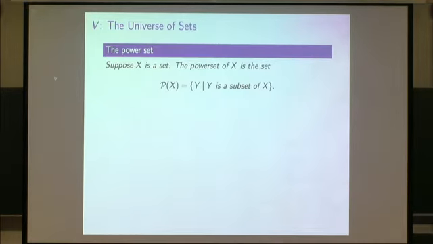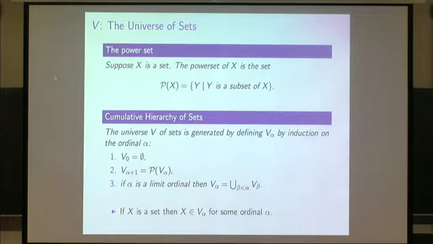That's the exponential function in set theory. So again, the concept is a simple one. If x is a set, the power set of the set x is just a collection of all subsets of that set. Okay, so if x were a finite set with n elements, the power set of x would have 2 to the n elements, and that's why it's an exponential function.